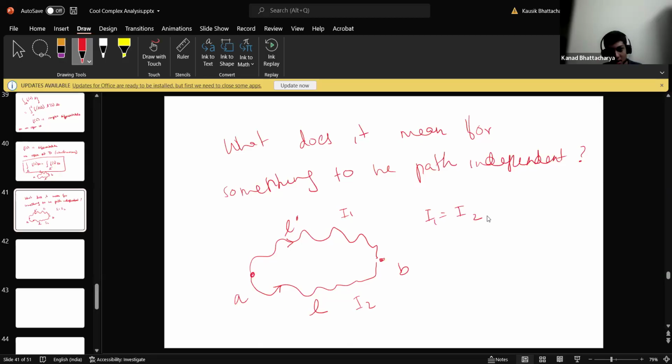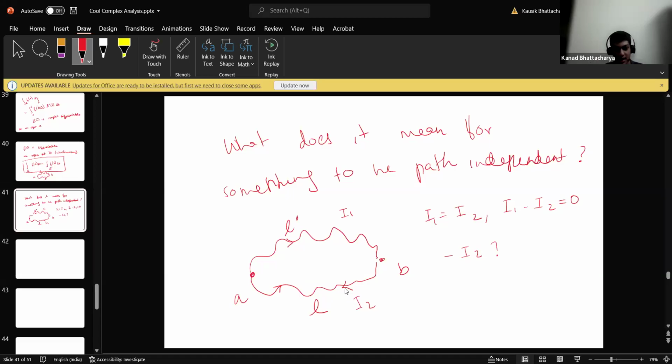So now I'm going to write I1 minus I2 is equal to 0. And what does minus I2 mean? It just means that instead of taking the integral one way, we are taking the integral in the opposite direction. Does that make sense?